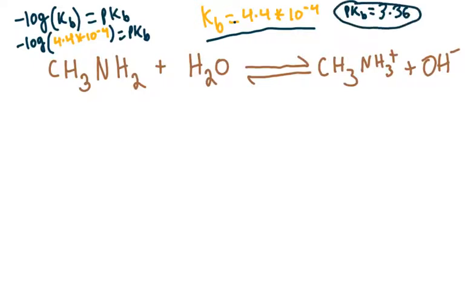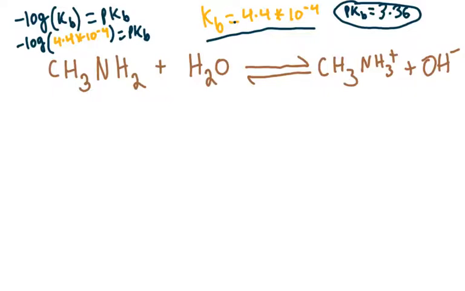And remember, if we're working with bases, one thing we have to remember is that the higher the Kb value, the stronger the base. Or also, the lower the pKb value, the stronger the base. Now, if it's a weak base, we expect the Kb value not to be as high compared to strong bases. So let's write that down.